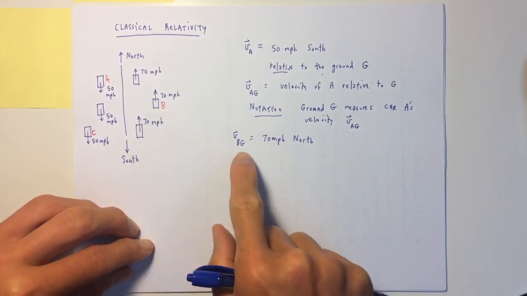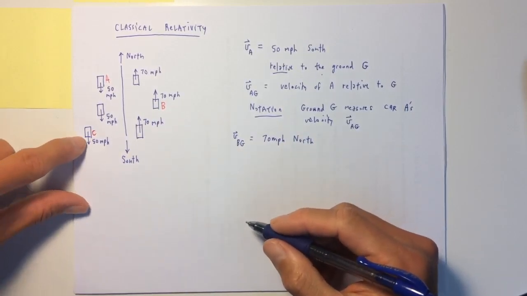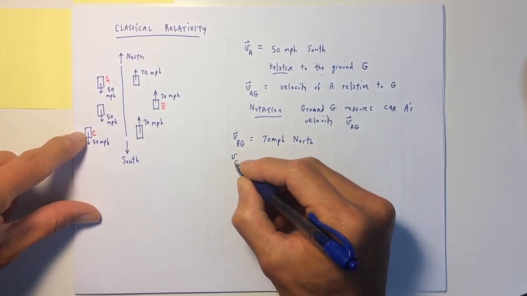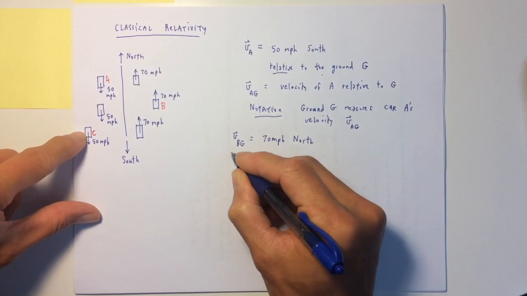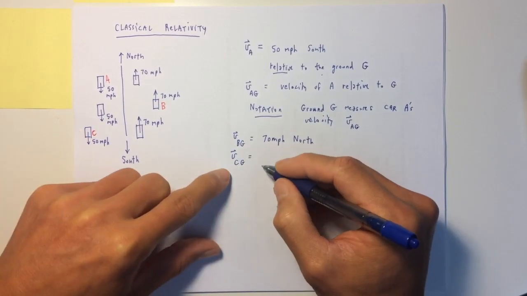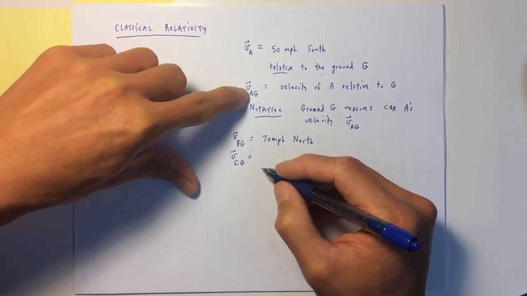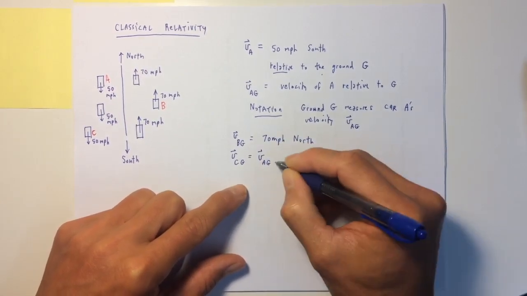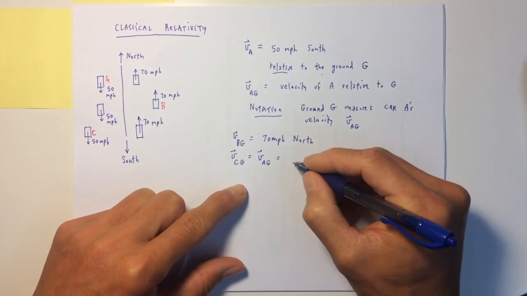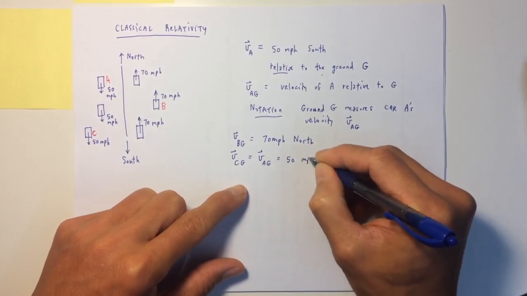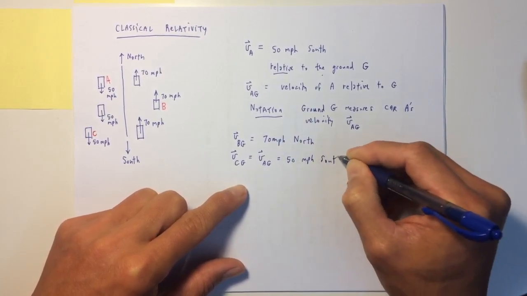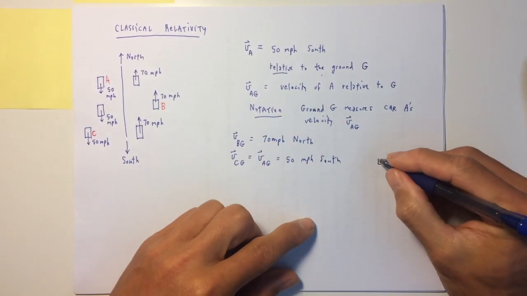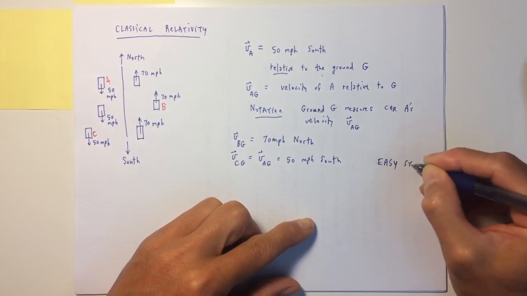That's the velocity of B. And there's a third one for fun: the velocity of C relative to G is actually equal to the velocity of A relative to G, which is 50 miles per hour south. All right, no big deal. This is kind of easy stuff.